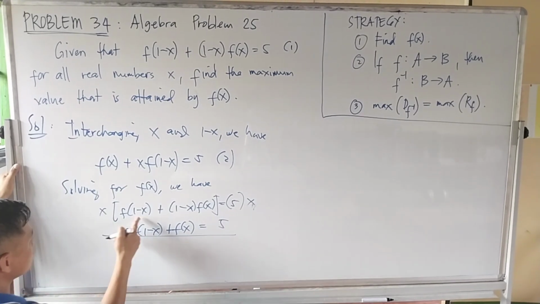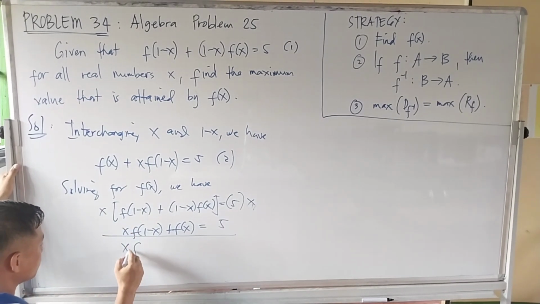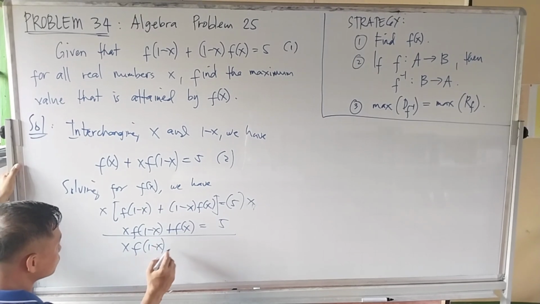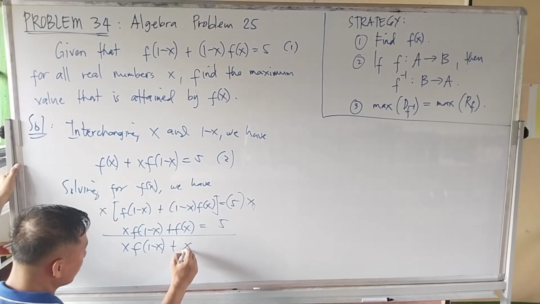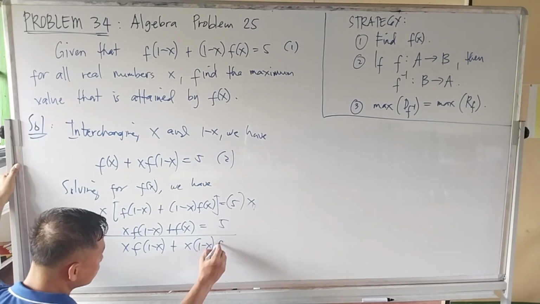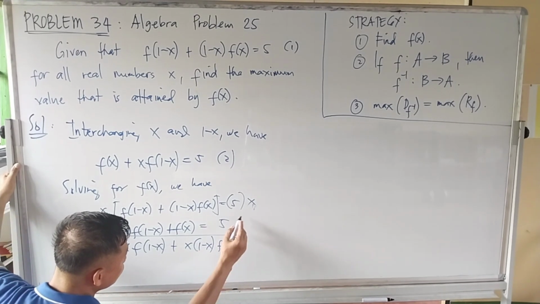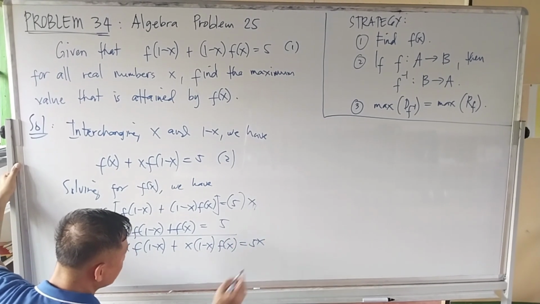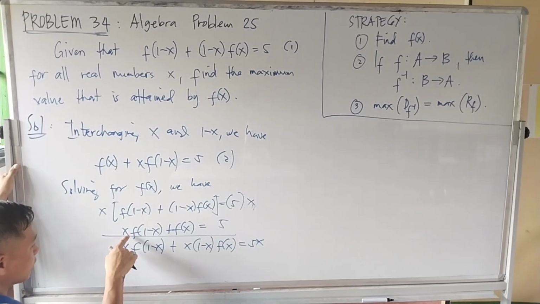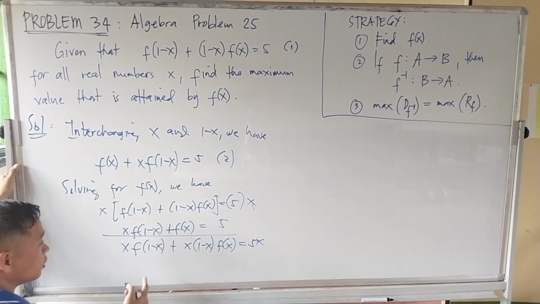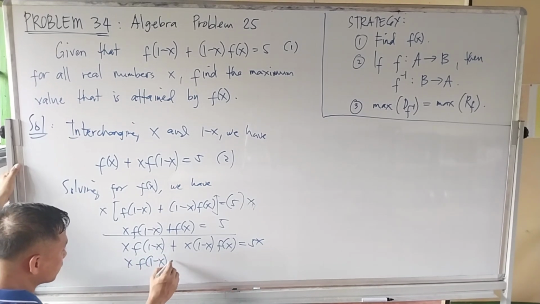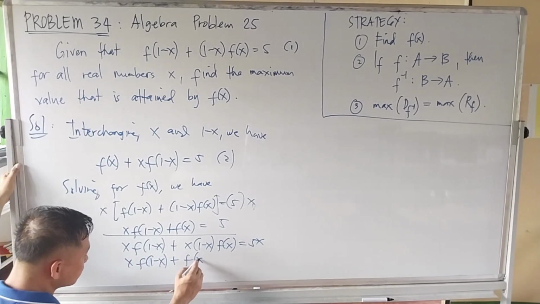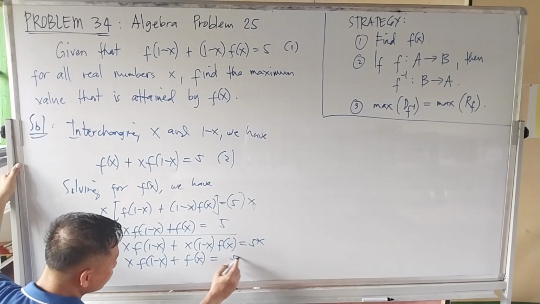So we now have x times f of 1 minus x plus x times (1 minus x) times f of x is equal to 5 times x, which is 5x. Then copying the other recursive function, we have x times f of 1 minus x plus f of x is equal to 5.